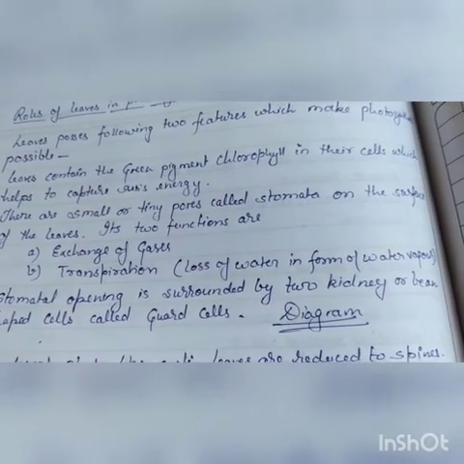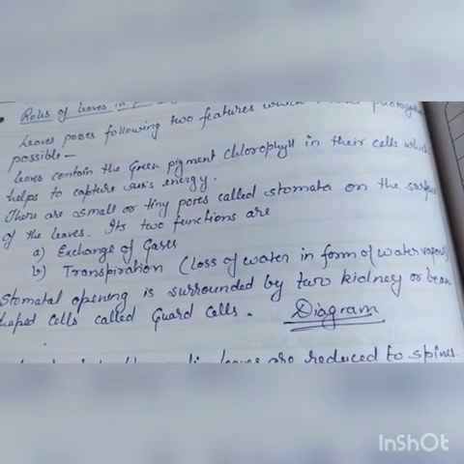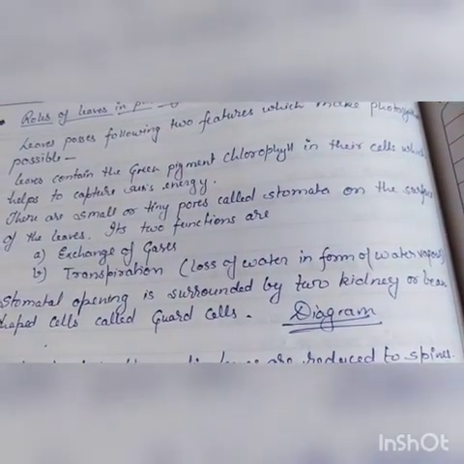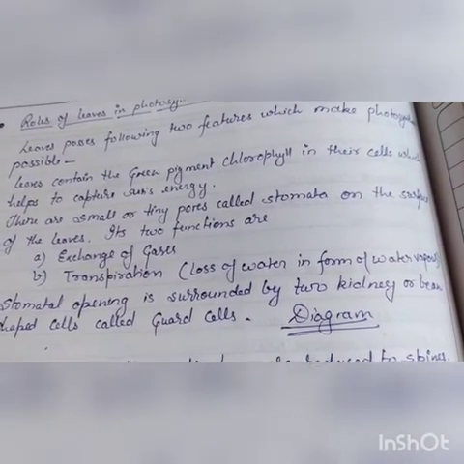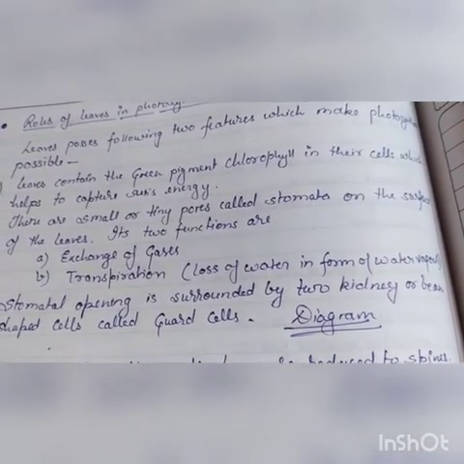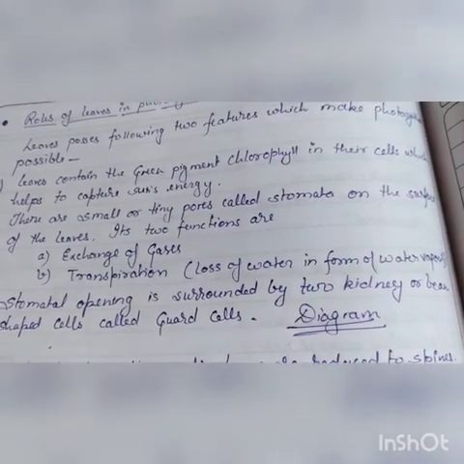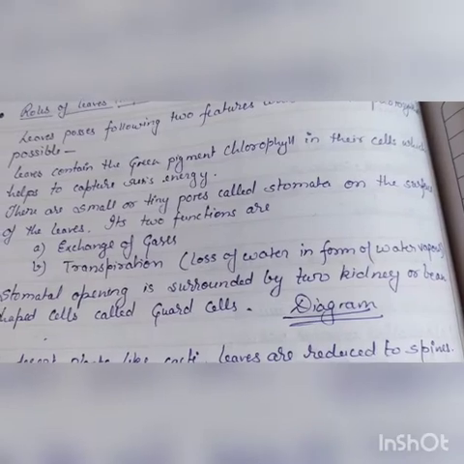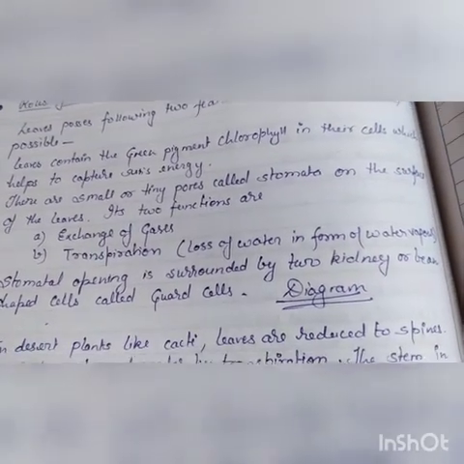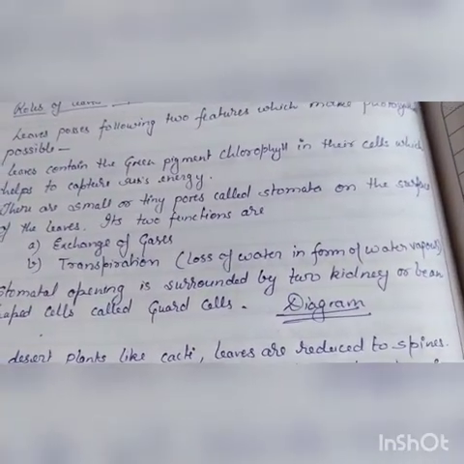They are just like small tiny pores which are able to exchange gases, like we have nostrils for inhaling and exhaling oxygen and carbon dioxide. In the same way plants have stomata, or those tiny pores, and the stomatal opening is surrounded by two kidney or bean shaped cells.